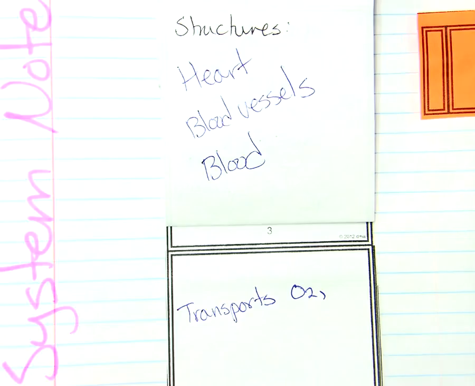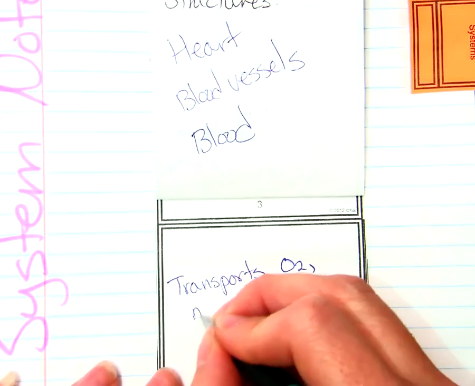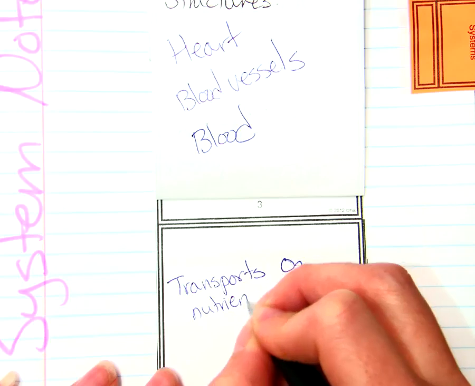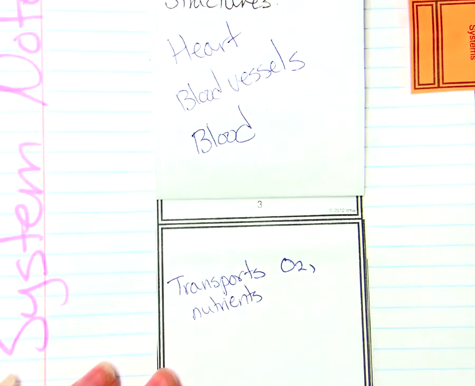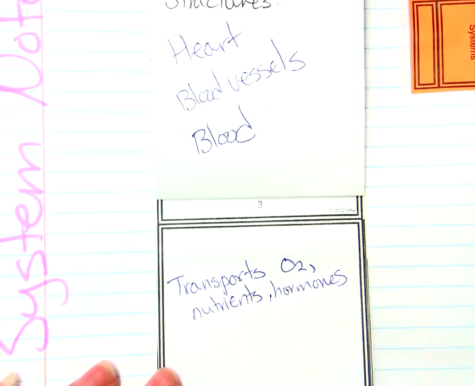And it's going to transport lots of things like oxygen, nutrients from the digestive system, hormones from the endocrine system.